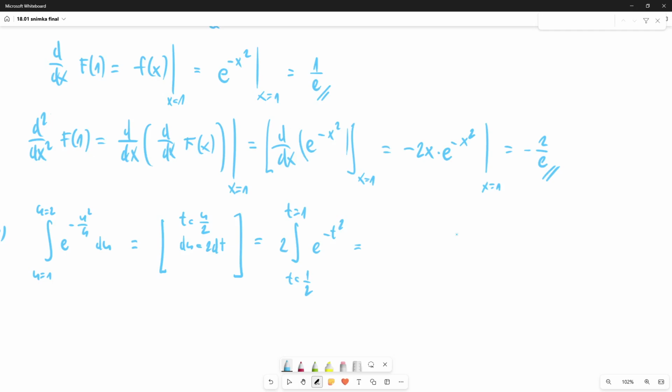So we can easily see, after extracting the 2, that this integral can be obtained by subtracting two integrals. One integral is the integral of e to the minus t squared dt, where t goes from 0 to 1, and another one is the integral where t goes from 0 to 1/2 of e to the power of minus t squared dt.